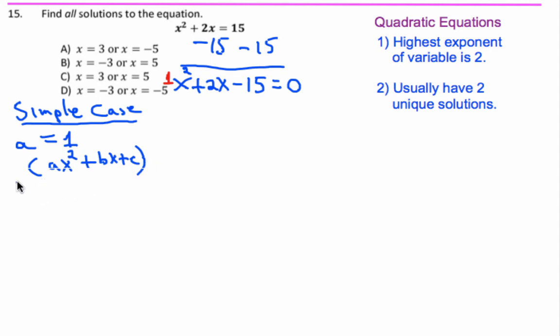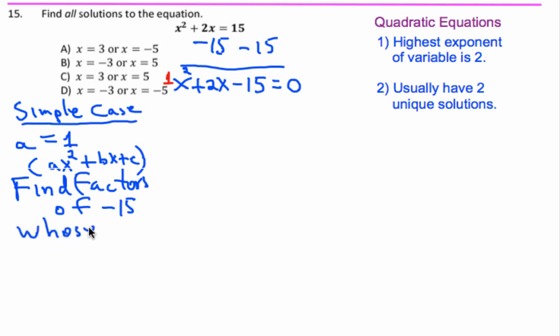So we need to find factors of negative 15 whose sum, that adds up to, whose sum is positive 2.